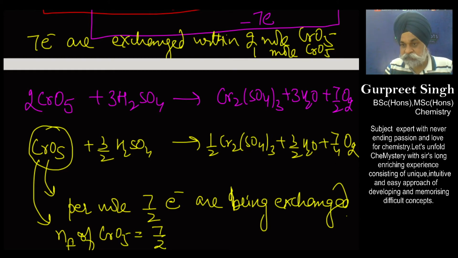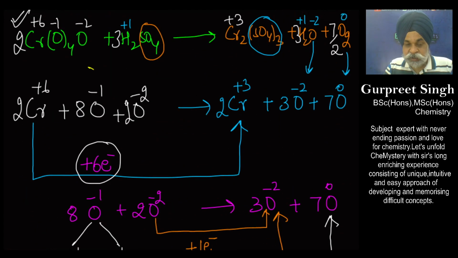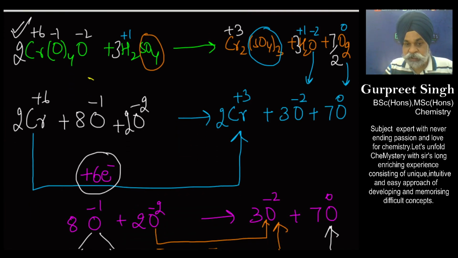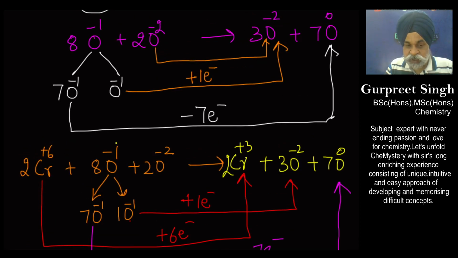This is very interesting. If an examiner happens to make things a little tricky, in the sense that they start asking who has undergone oxidation and who has undergone reduction, that is very interesting. The thing here is that out of the 8 peroxy atoms, 7 have undergone oxidation and 1 underwent reduction.